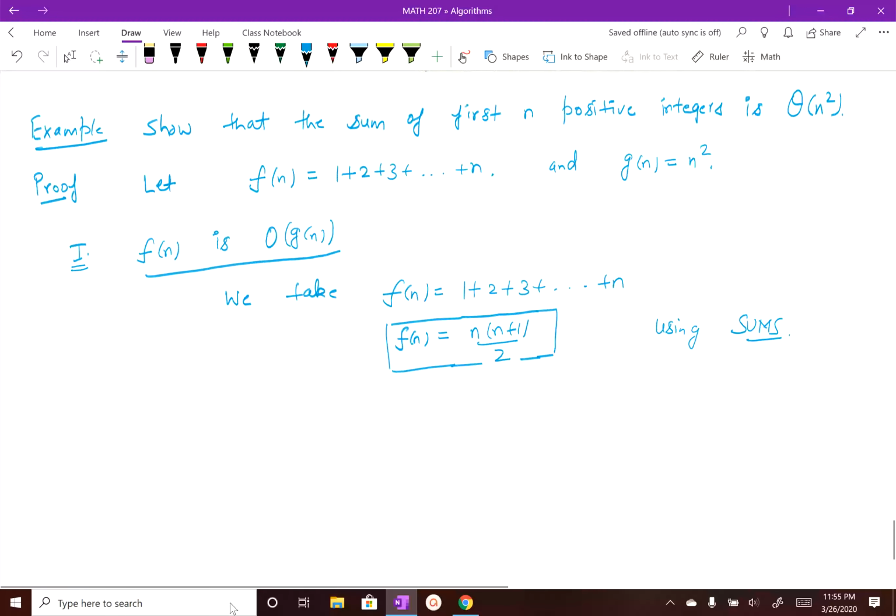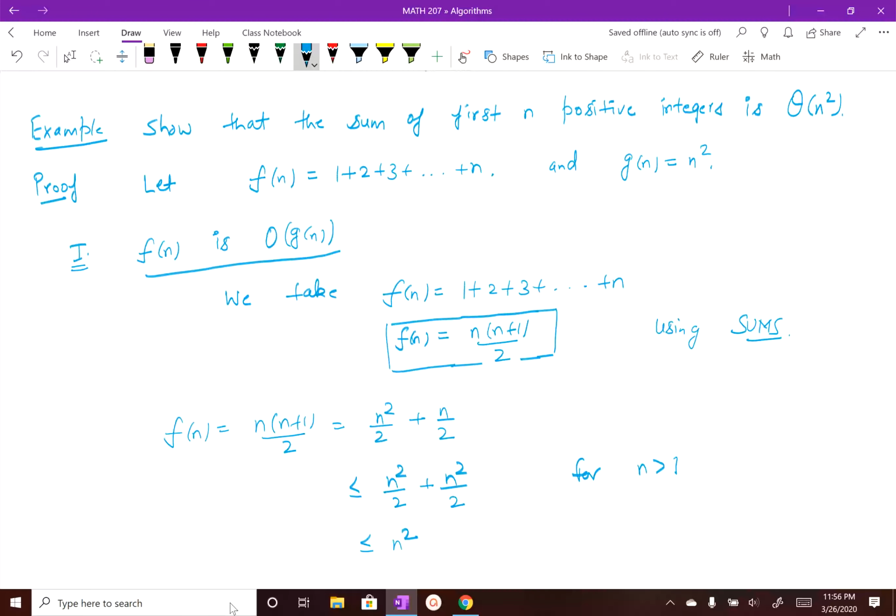Okay, then for this f of n, which is n times n plus 1 divided by 2, I can simplify. This is nothing but n square divided by 2 plus n divided by 2, which I can easily show is less than or equal to n square divided by 2 plus n square divided by 2 for any n greater than 1, and this is less than or equal to n square for n greater than 1.